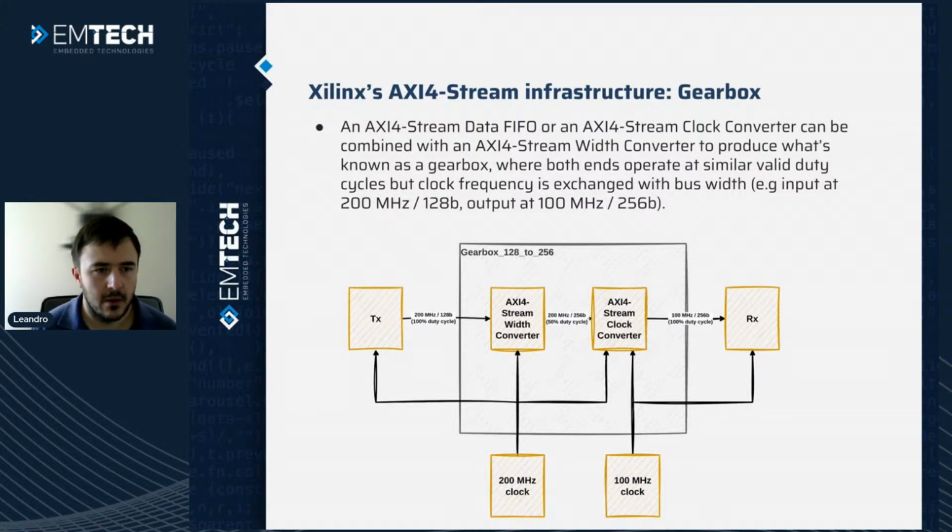But in one case, we're entering with 200 megahertz and a 128-bit wide bus, and the output is going at half the frequency, but double the bus width, and it's still using 100% duty cycle. In the middle, you would actually have to go wider with a width converter and then go slower with a clock converter.